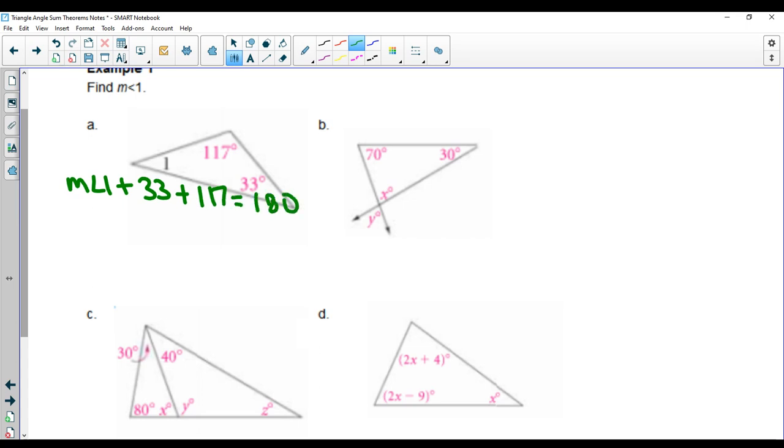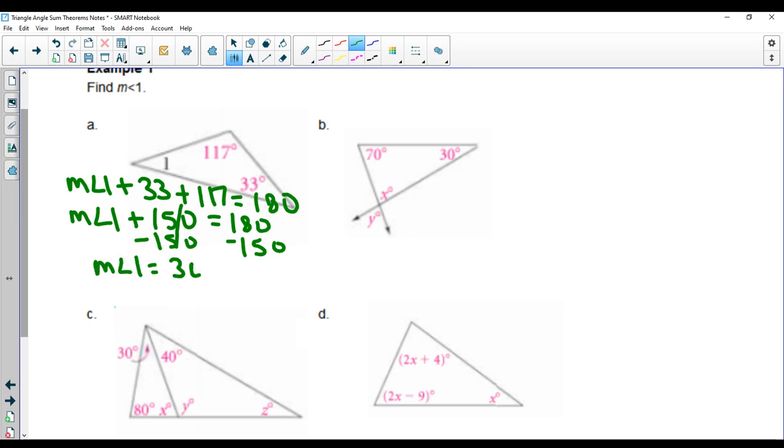If you wanted to be super technical, you could do it that way. Then we would do some algebra. We're going to add 33 plus 117 is 150. Then we'll subtract 150. So the measure of angle 1 is going to be 30 degrees. I'm just double checking. Yep, 30.